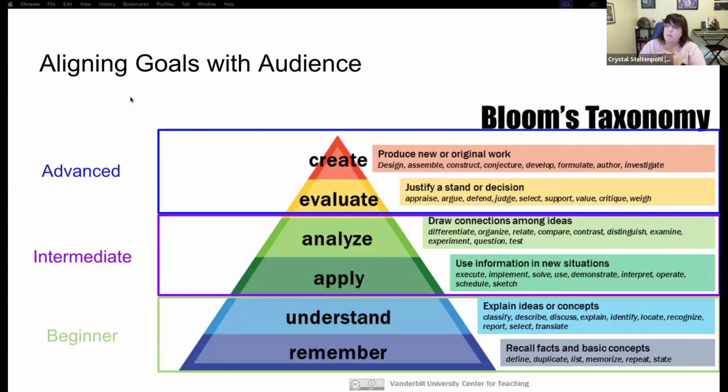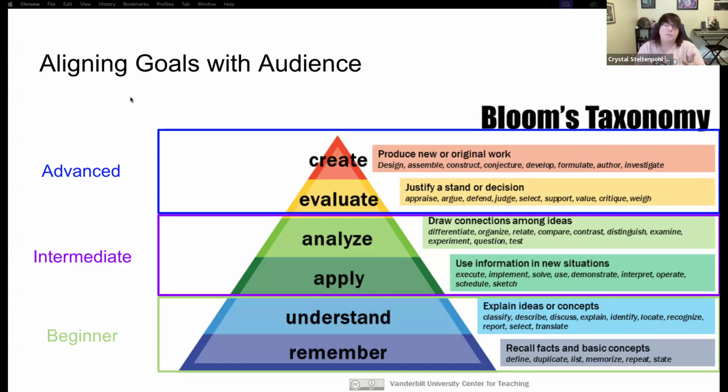Just reminding folks of this, at that lower end of this triangle or pyramid, we have that basic grounding. Everybody is going to, at some point, need to be able to understand things and remember things. Sometimes that aligns with the relative importance of the goals. For instance, you don't need people to memorize all aspects of a particular policy, say a data sharing policy.